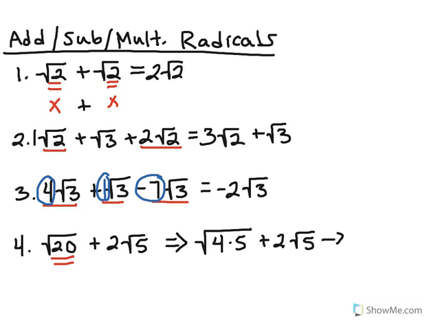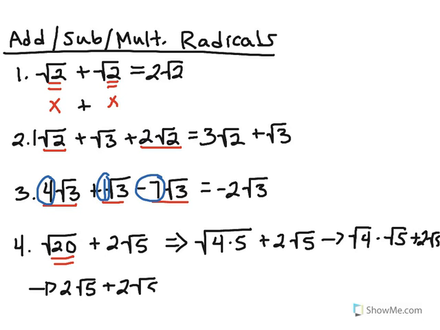The square root of 4, and then I'm going to rewrite this again. I'm running off the page, I'm sorry about that. So the square root of 4 is 2, and then I have the square root of 5 right next to it, plus 2 square roots of 5. Now I have like radicals, and I can combine them.